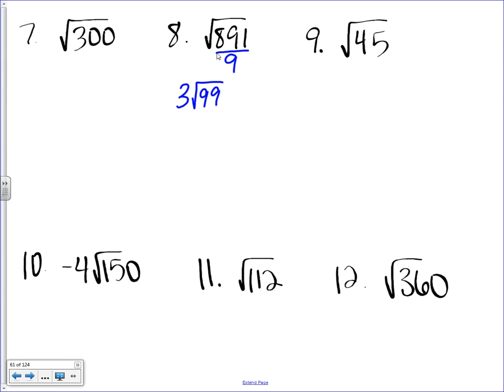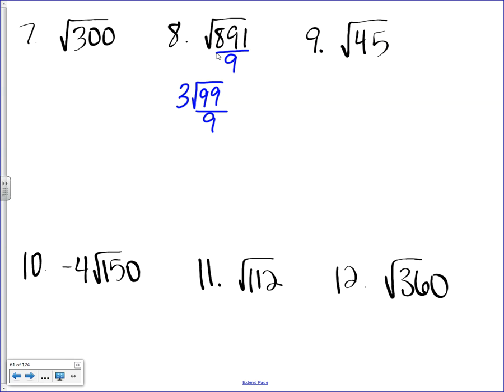How about here, guys? What else can come out of 99? What did you say could come out of 99? 3? But 3 can, but is 3 a perfect square? No. Guys, it's 99. 9. What does 9 come out as? A 3? But isn't there a 3 already out there?